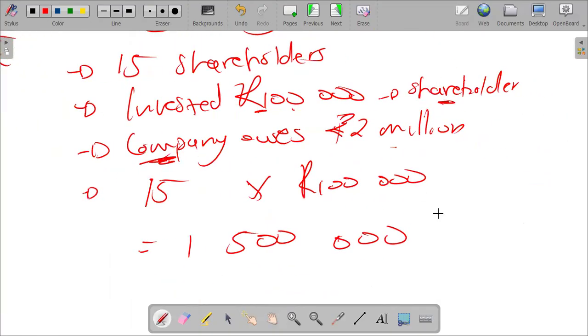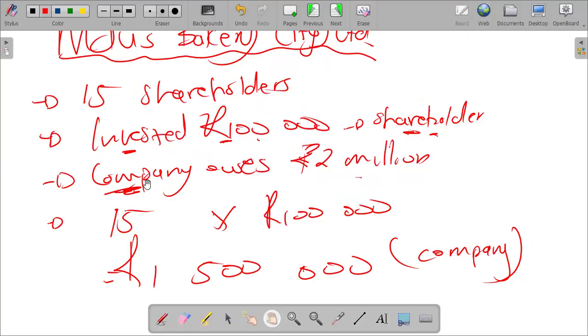Now the company all in all has 1,500,000. This is the money that was invested by the shareholders. But now it happens that the company, not the shareholders, but the company owes 2 million in taxation too.